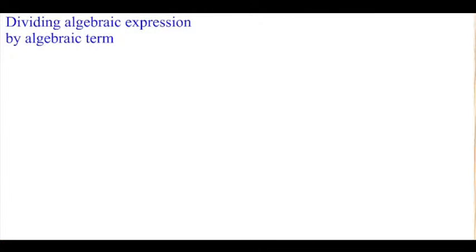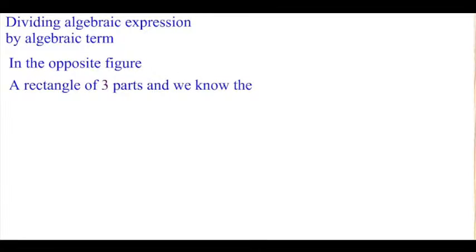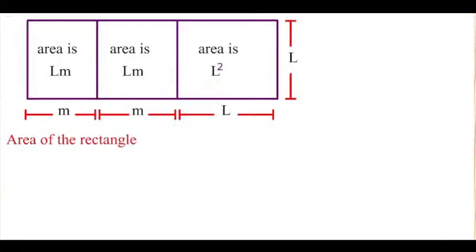Unit 2, Lesson 7. Dividing an algebraic expression by an algebraic term. In the opposite figure, a rectangle of 3 parts, and we know the area of the rectangle is L times W. Area of the rectangle equals L squared plus LM plus LM equals L squared plus 2LM.